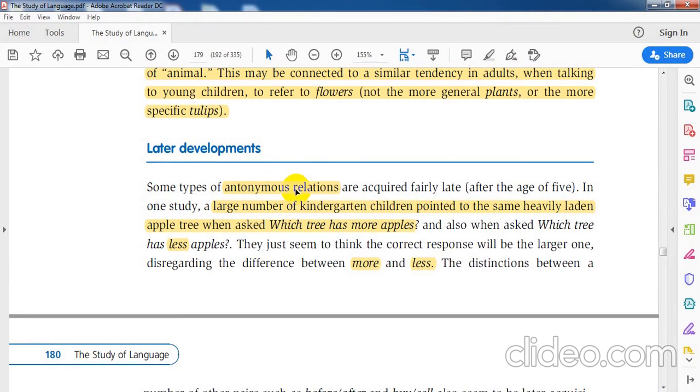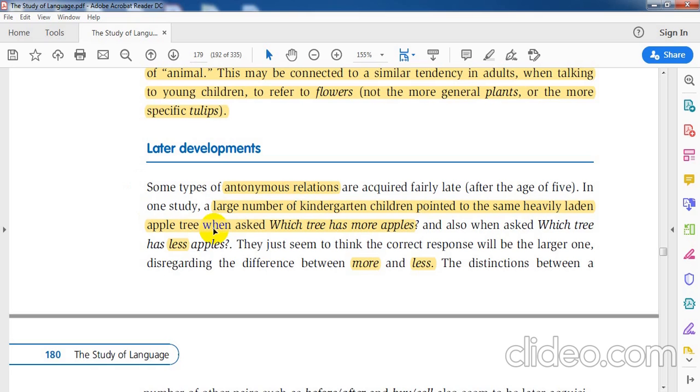Antonymy relations talk about the contradiction between the lexical relation of two words. Almost always these words are adjectives.